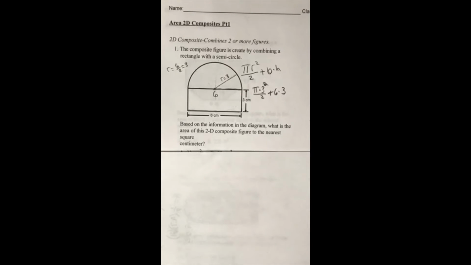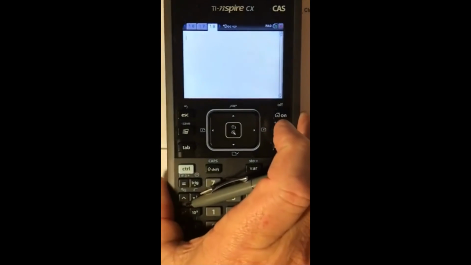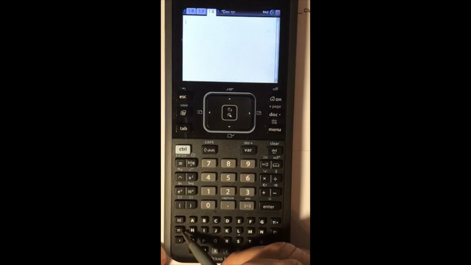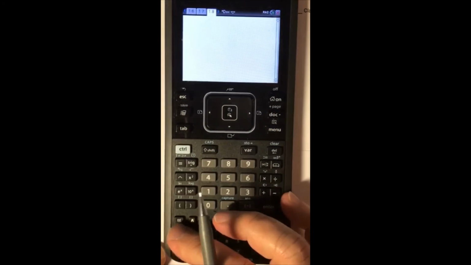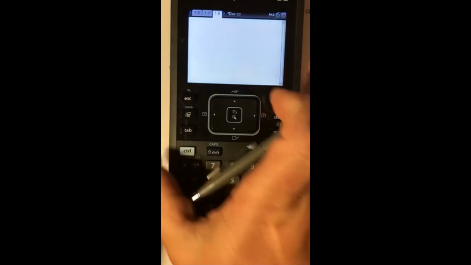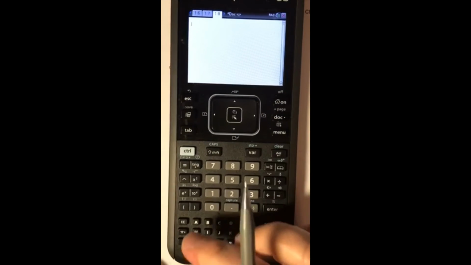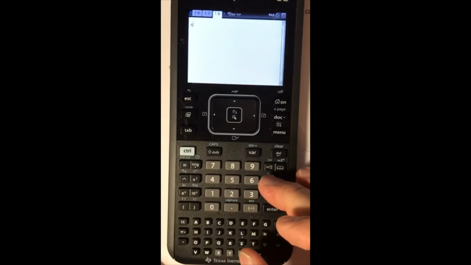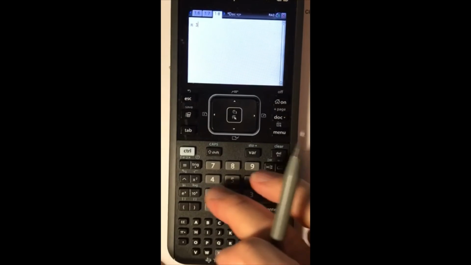Now, when you go to the calculator, you remember where to get your pi symbol, right? All right, so get this in here. Okay, here's my pi symbol here. This is a straight calculation, not menu 3-1. All right, so pi, press enter, times 3 squared.